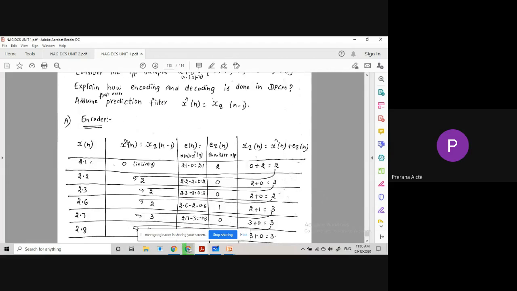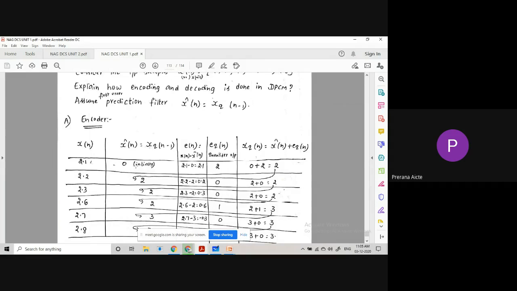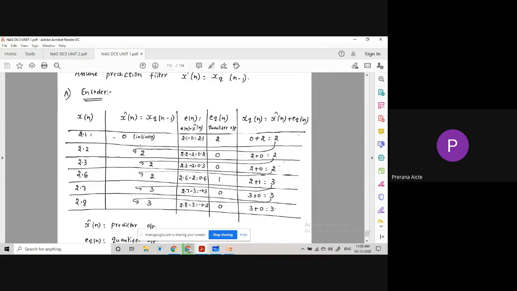So first we'll write our input samples, because from the data, first we are given the input samples, which are 2.1, 2.2, 2.3, 2.6, 2.7, 2.8. Then the prediction filter output, we know, should be assumed as x cap of n. Initially, at the start, there is no data in the prediction filter, so it is assumed to be 0.